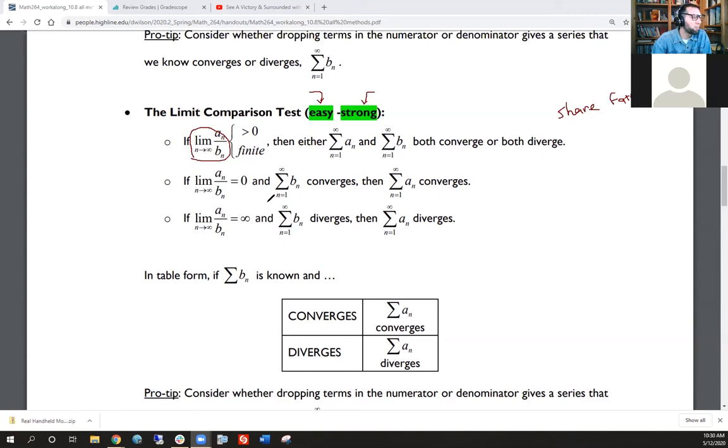And then there are a couple of special cases here, and at least one on your assessment did a nice job with this: if the denominator series converges and the limit goes to 0, then the upper one will converge. And if the denominator series diverges, then the upper one will also diverge.